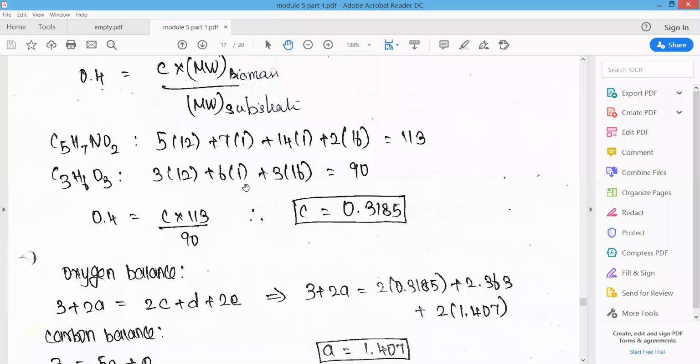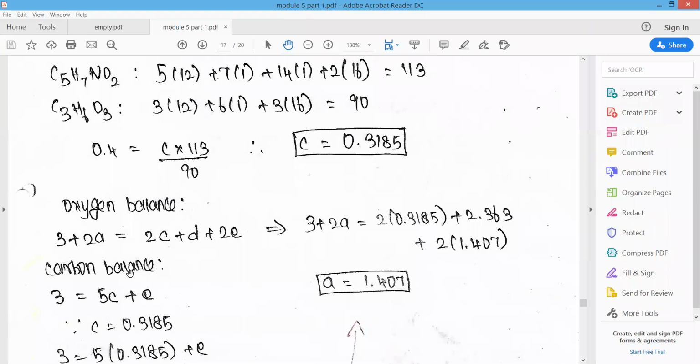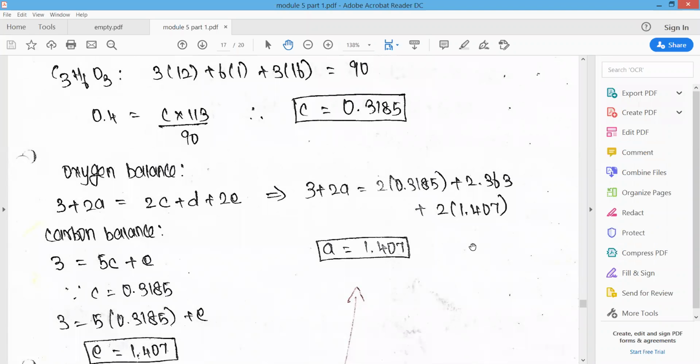So now let us go for the carbon balance. Carbon balance is 3 is equal to 5C plus E. Then you have to find the oxygen balance. So the equation is 3 plus 2A is equal to 2 into 0.31285 plus 2.363 plus 2 into 1.407. You will get the equation.